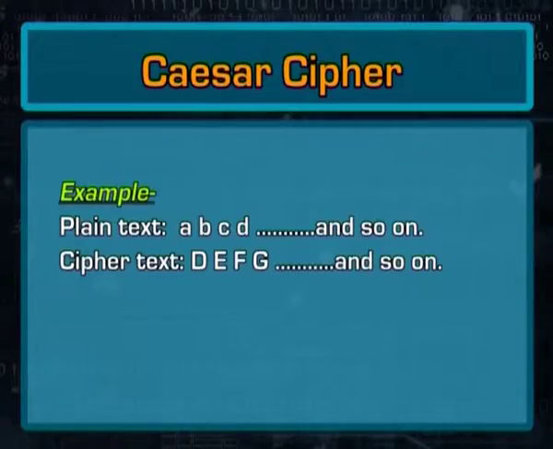Note that the alphabet is wrapped around so that the letter following Z is A in a circular manner. We can define the transformation by listing all possibilities: in the plain text A, B, C, D and so on, in the ciphertext it will be D, E, F, G and so on.